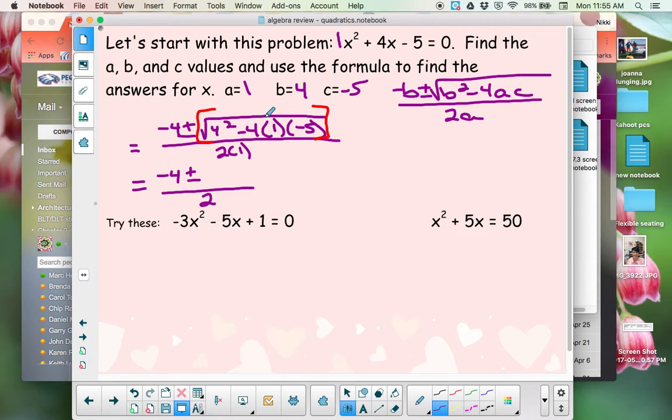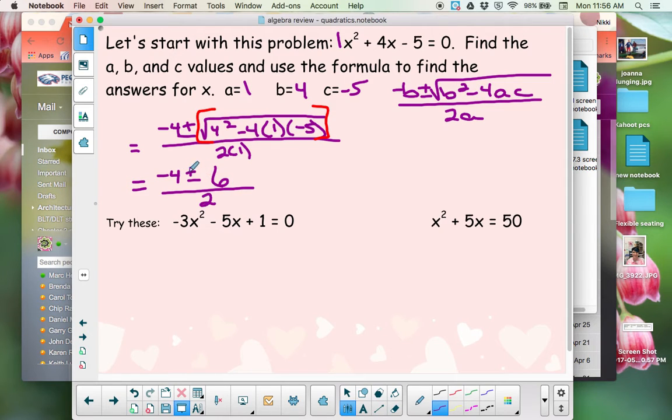And then notice that on most calculators, a parenthesis will show up. So you just keep going. So you'd hit 4 squared minus 4 times 1 times negative 5, and then you end your parenthesis so it takes the square root of that entire thing, and you should get 6. So 6 is what would go there. If you get 36, you forgot to hit the square root. So then you'd have to take the square root of 36, which is 6.